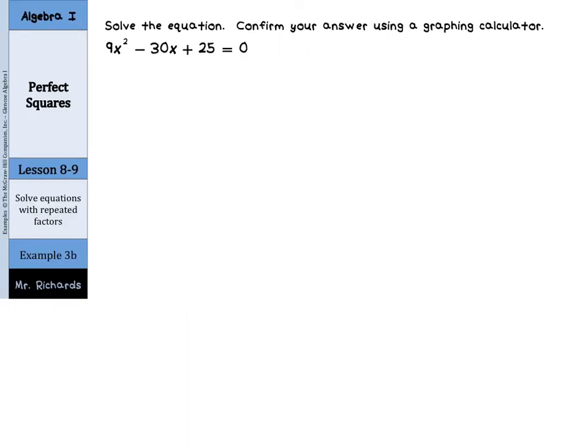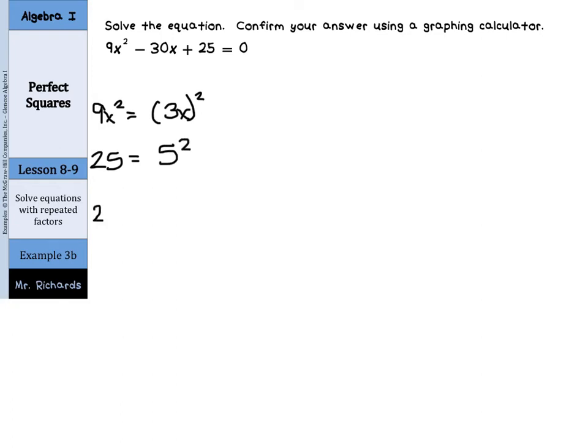9x squared minus 30x plus 25 equals 0. Well, let's see if this is a perfect square trinomial. Is 9x squared a perfect square? Well, yes, because I can write that as 3x squared. Is 25 a perfect square? Yes, I can write that as 5 squared.